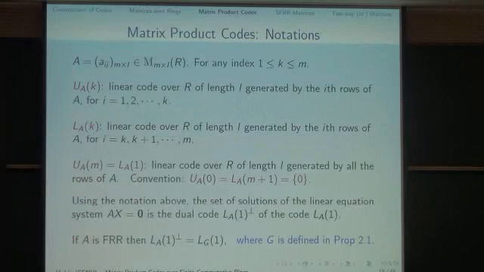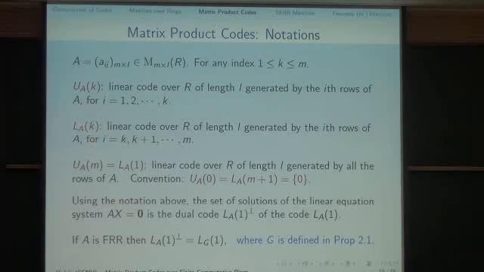Here are more definitions. A is an M times L matrix, and for K in 1 to M, we let U_A(K) denote the linear code generated by the first K rows of A. For example, if K is 1, that is the first row of A, it generates a linear code. If K is 2, then the first two rows generate the linear code, and so on.